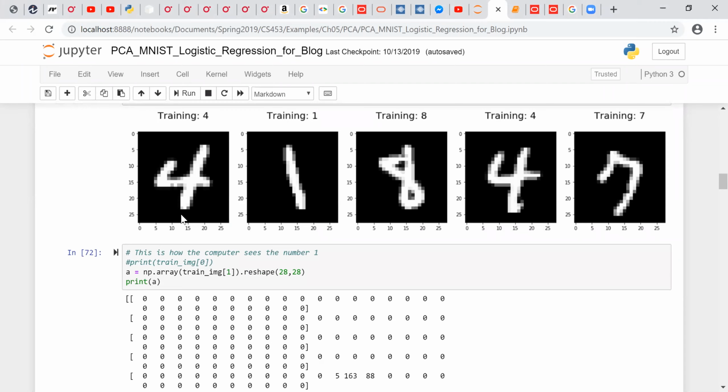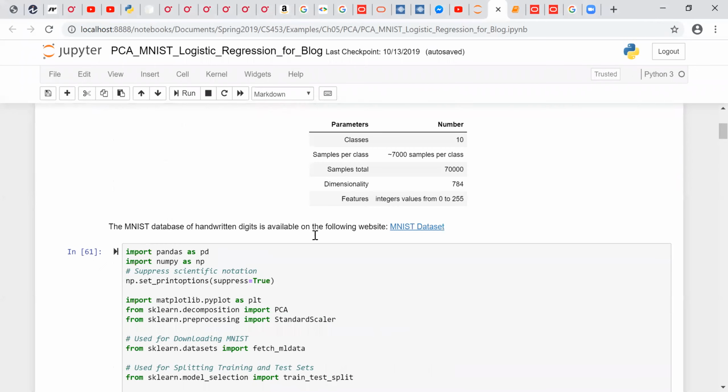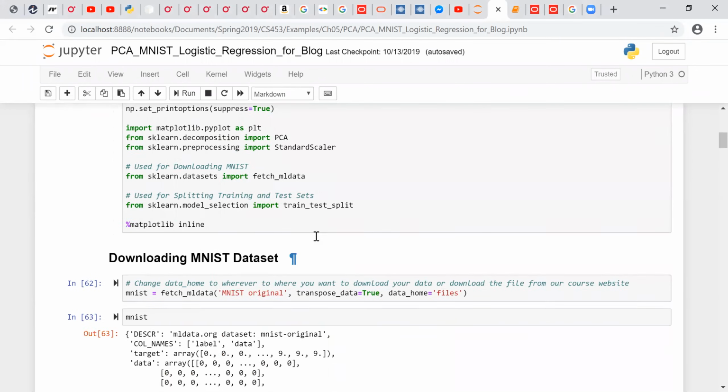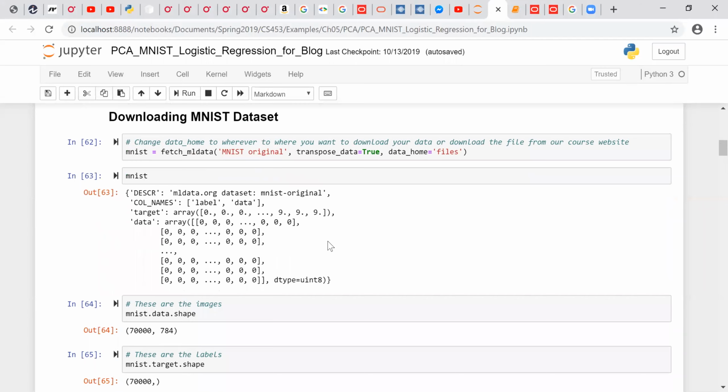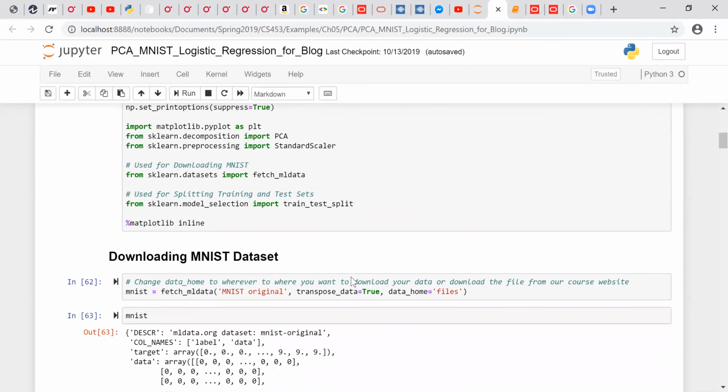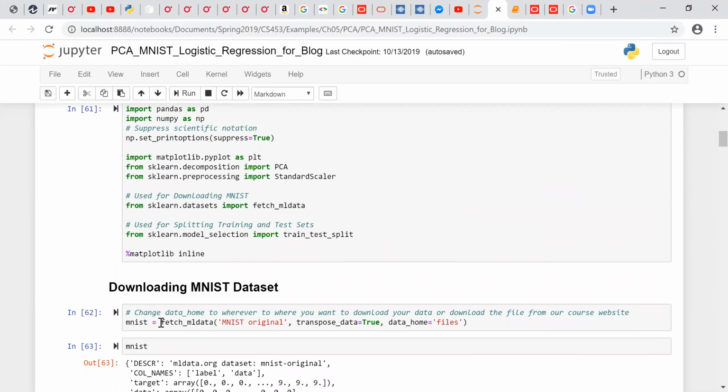It's all image data, and you can load the data from pandas, NumPy, and sklearn. The MNIST data also comes with sklearn.